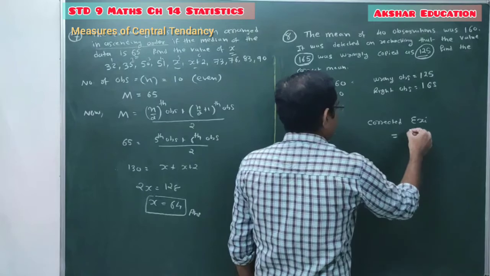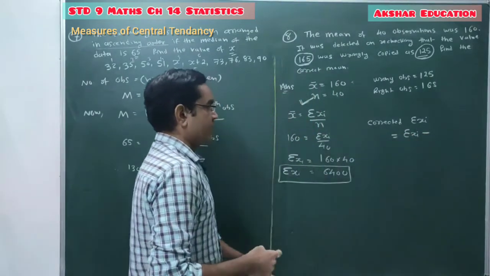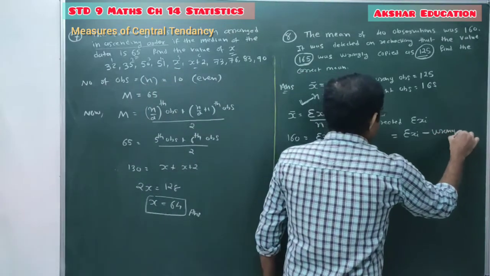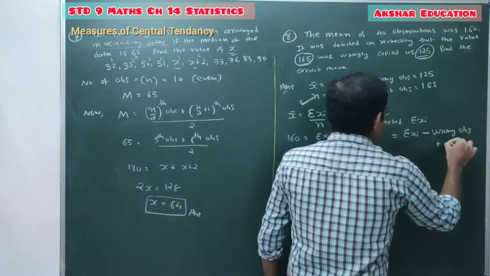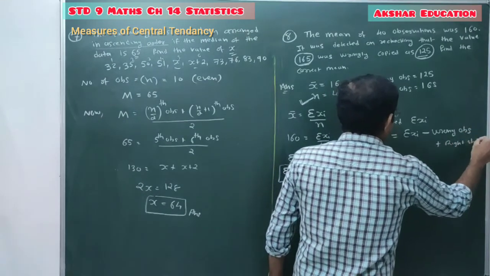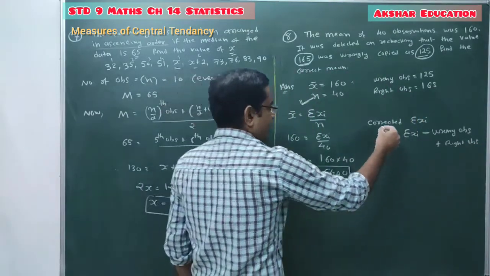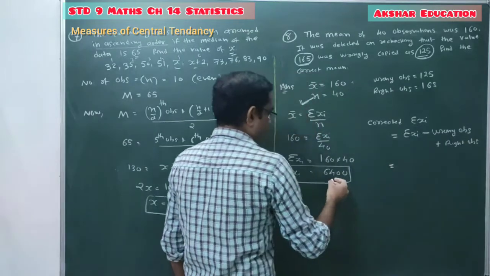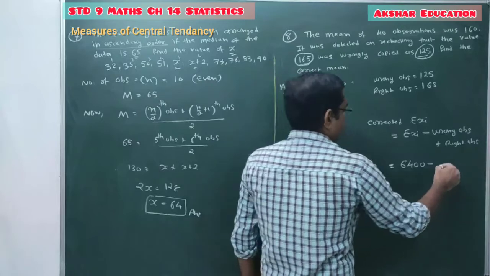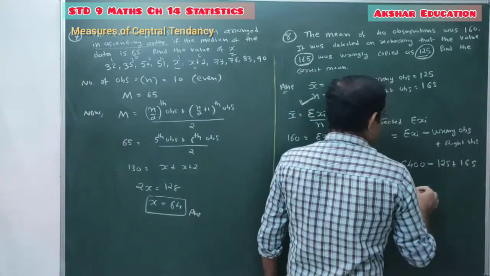From the sigma xi we will subtract the wrong observation and then add the right observation. So from the sum of observations, 6400, we subtract the wrong one and add the right one.